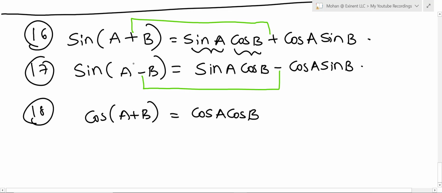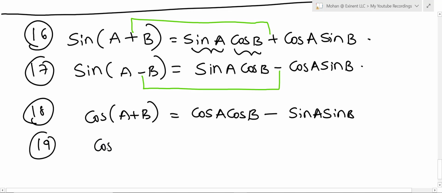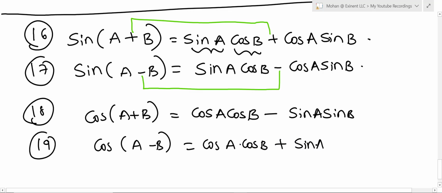So for cos A plus B, that will become minus sine A sine B. And one more difference is, here both the cos and both the sines are together. Okay, next, cos of A minus B will become cos A cos B plus sine A sine B.